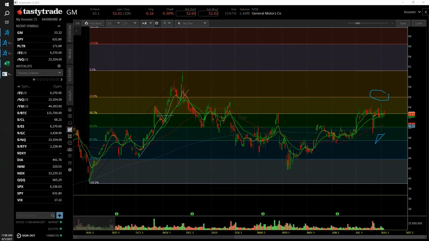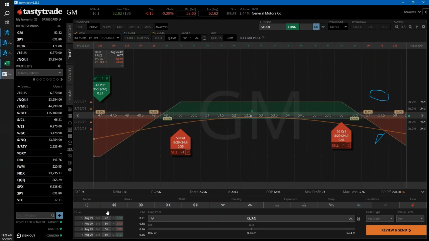The makeup of that trade is going to be a 50-47 put and a 56-59 call, playing GM on an iron condor.